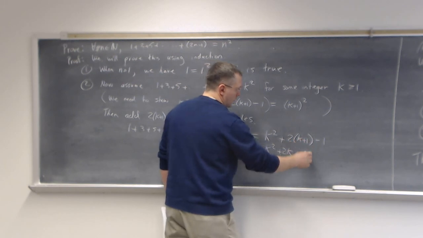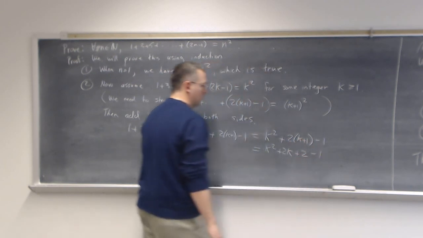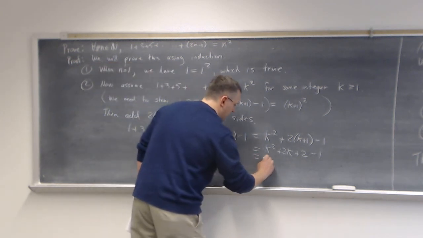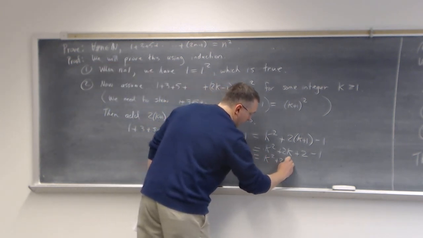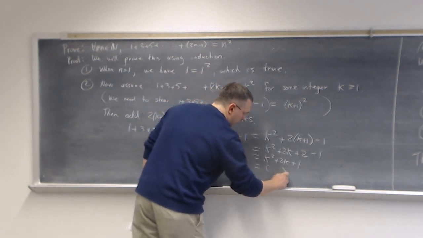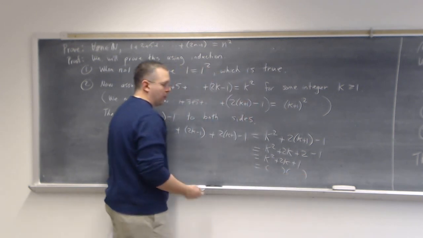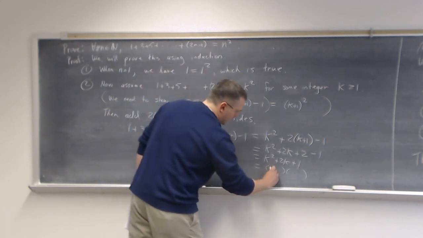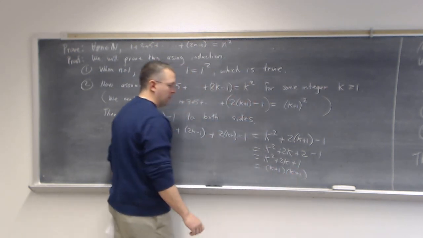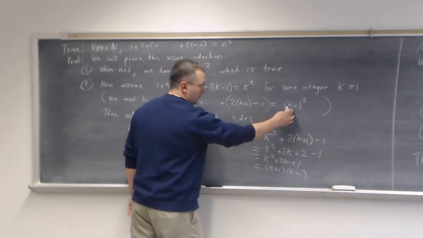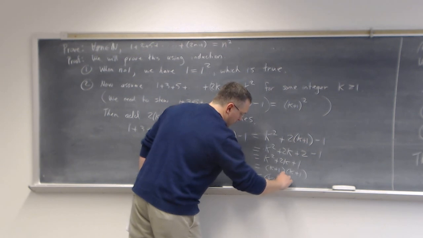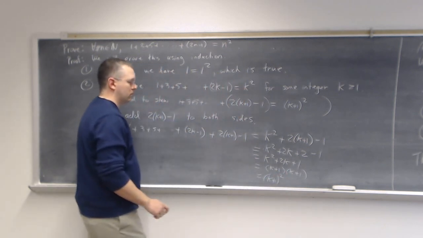Now you have plus 2 minus 1. That equals k squared plus 2k plus 1. And this is a trinomial that can factor, it's actually a perfect square trinomial. It does factor as k plus 1 times k plus 1. So that's equivalent to k plus 1 quantity squared.